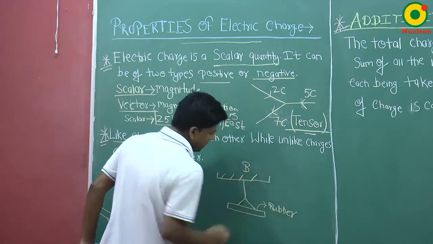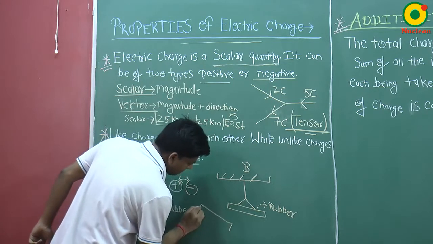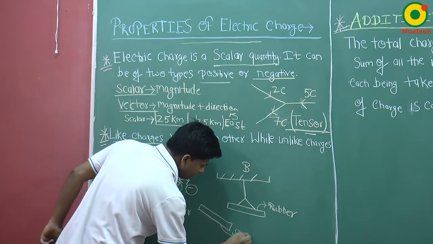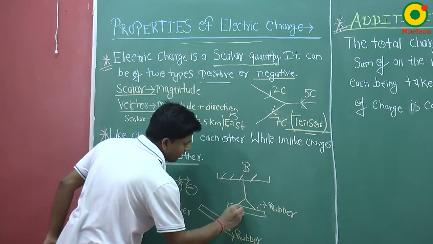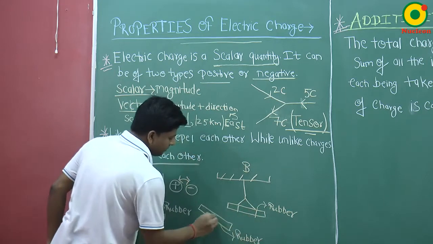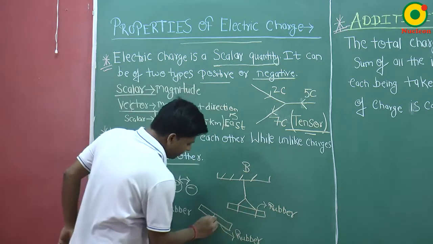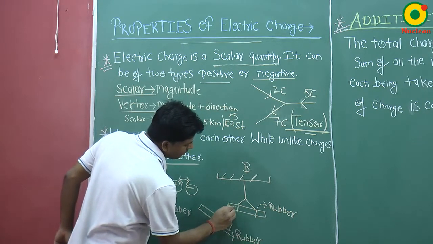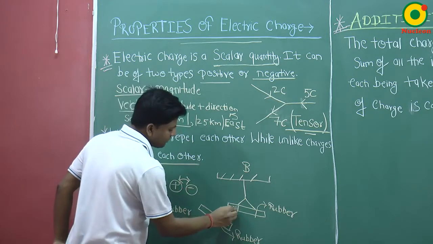Let's take one more substance over here which is also made up of rubber, and we rub both of them. So what will happen? Both are electron deficient. So static electricity will come into action, but this time both will have negative charges on themselves.